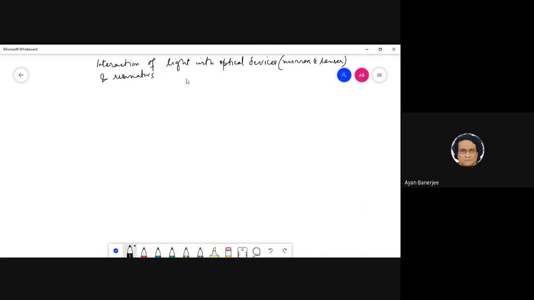The book that is very good for this is a textbook called Laser Optics by Milonni and Eberly.